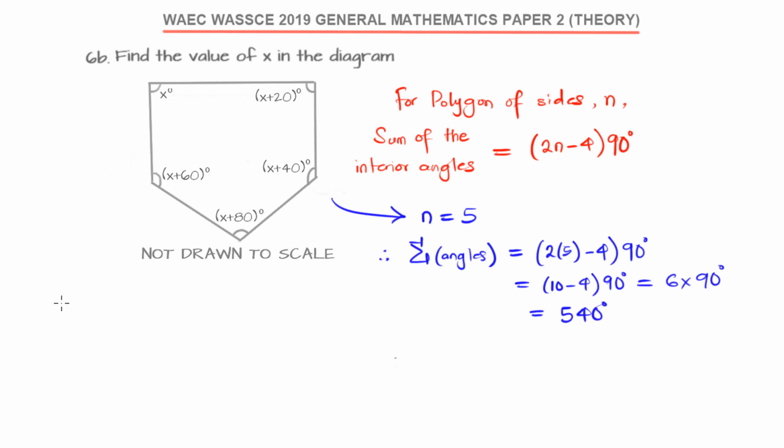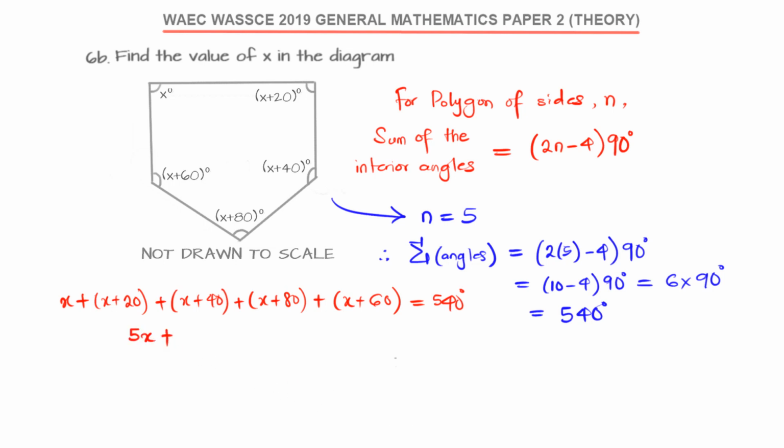Okay? So we are going to have this to be x plus 20, the second angle, x plus 40, the third angle, x plus 80, the fourth angle, and x plus 60, the fifth angle. The sum of the 5 of them should give us 540 degrees. We have x in 5 places, so we can add them to give us 5x.